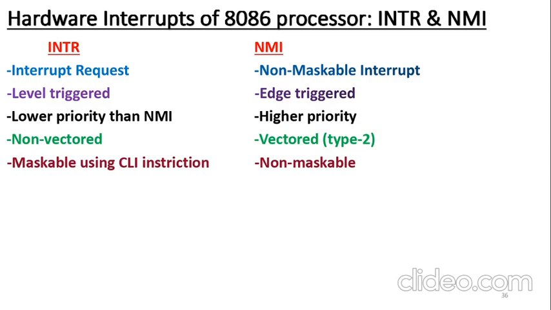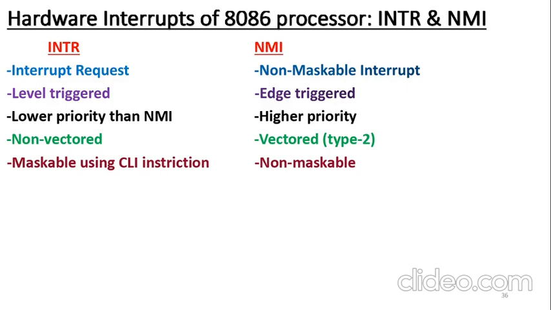Next, INTR is a maskable interrupt and it is possible to mask INTR by using the clear interrupt instruction. CLI stands for clear interrupt. When that instruction is executed, INTR, the general purpose interrupt request line, will be masked, cleared, disabled.